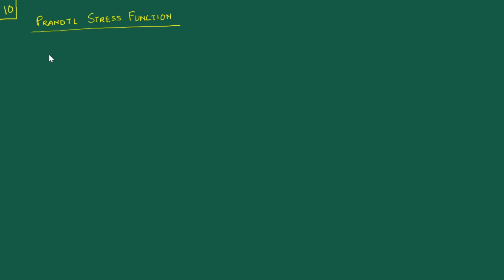All right, so as the name suggests, it is a stress function that we will be looking at, and much in the same way that the Airy stress function was presented with the motivation of satisfying the equilibrium equations, here also the motivation is somewhat alike. So what we say is that the stress components sigma xz and sigma yz will be represented through these expressions.